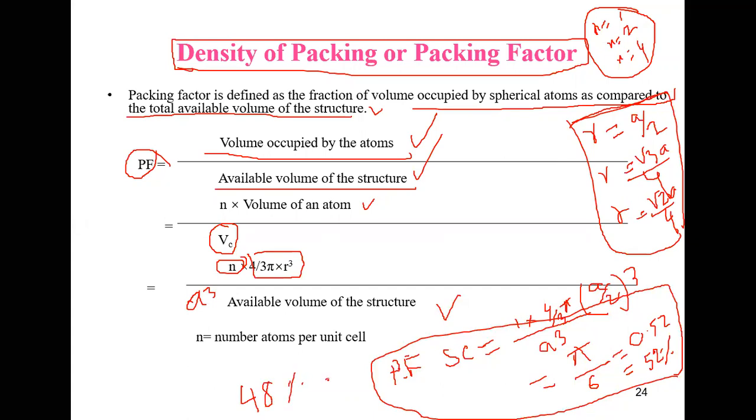And this 48% is called interatomic space, which you have studied in your school level science book. So in case of simple cubic crystal, interatomic space is 48%.